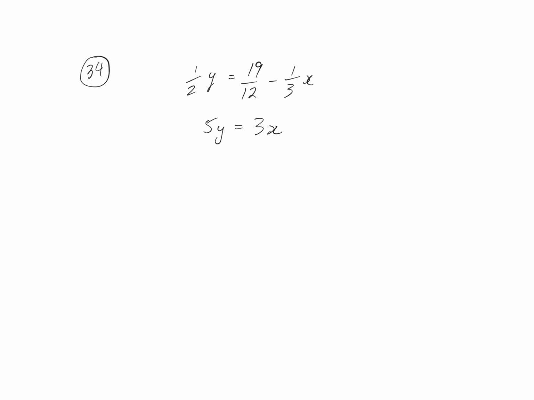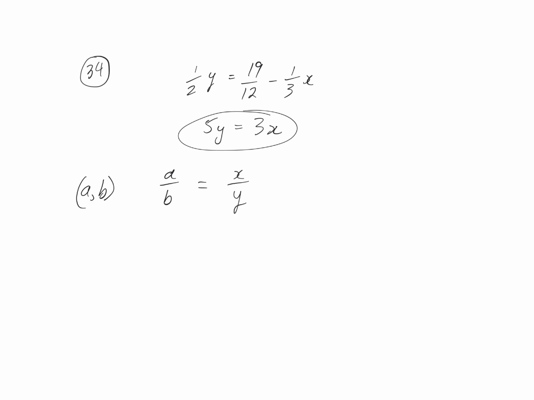They ask for the value of a over b, which is really the value of x over y, the intersection point, because they call the point a comma b, which is really just x comma y. So a over b is x over y. We have this relationship right here that tells us that 5y is 3x.